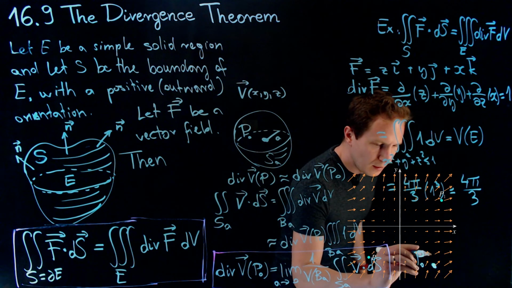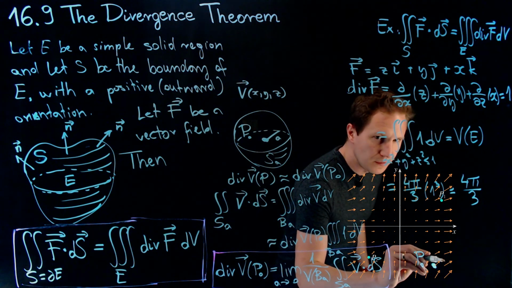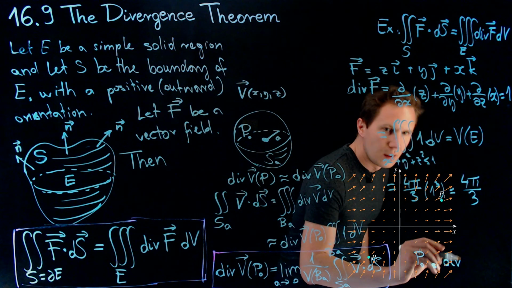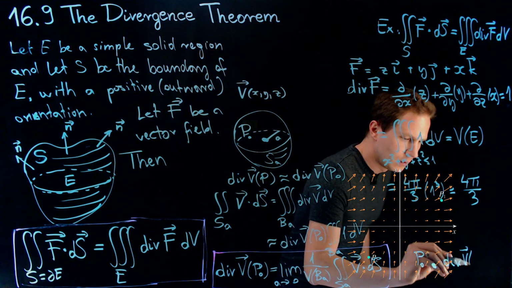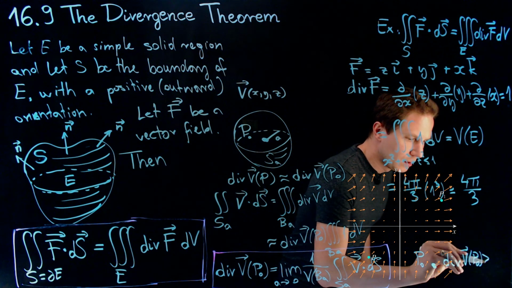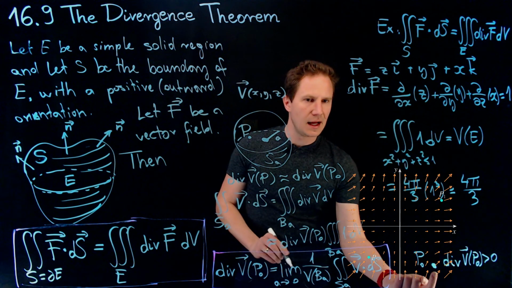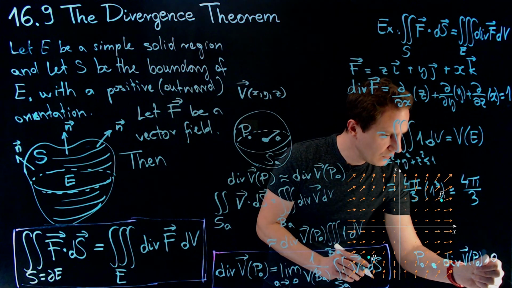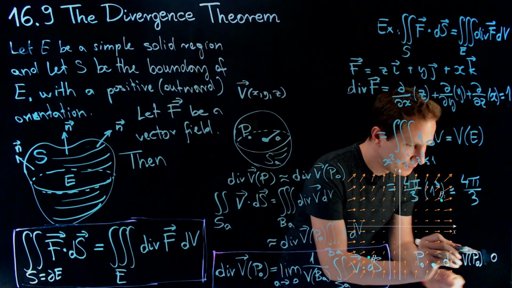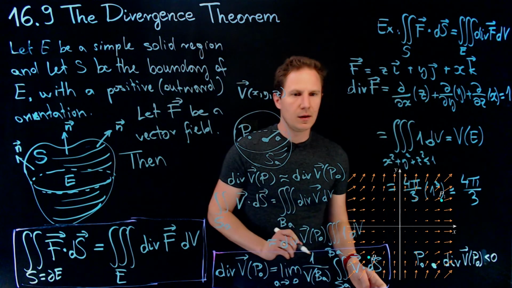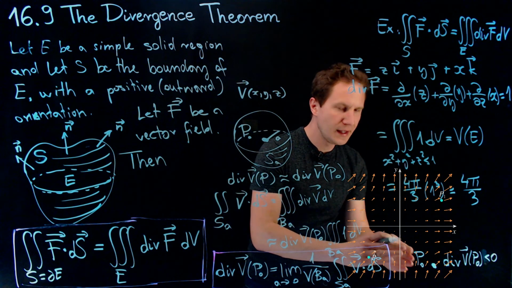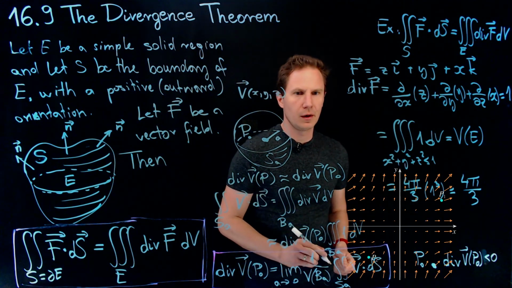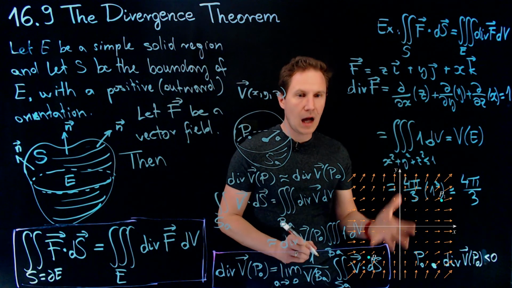So for that point, the divergence of our vector field would be negative. So it acts like a sink. Okay, because there is more stuff flowing in than stuff flowing out.